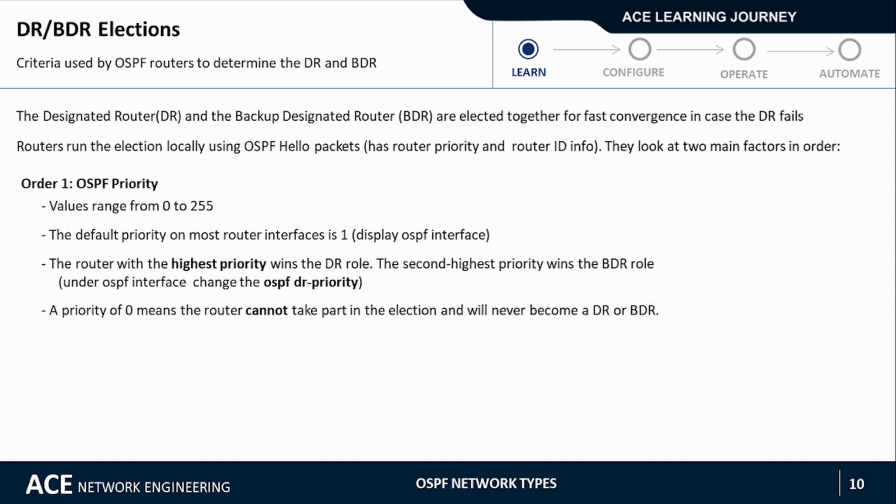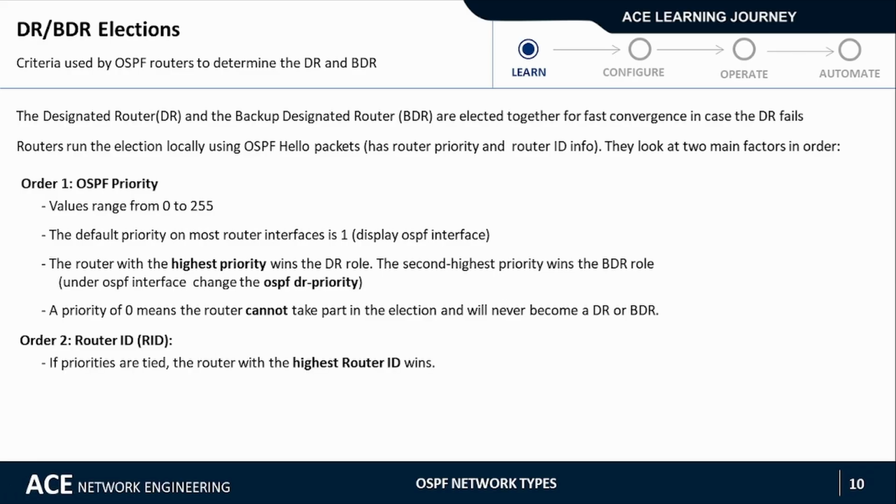If there is a tie on priority, we go to the second order. Remember our hello has both priority and router ID. The second order looks now at the router ID.